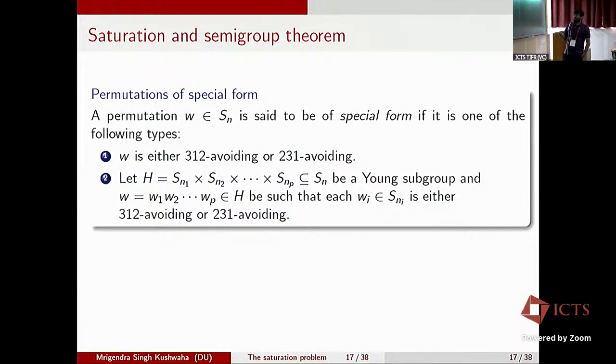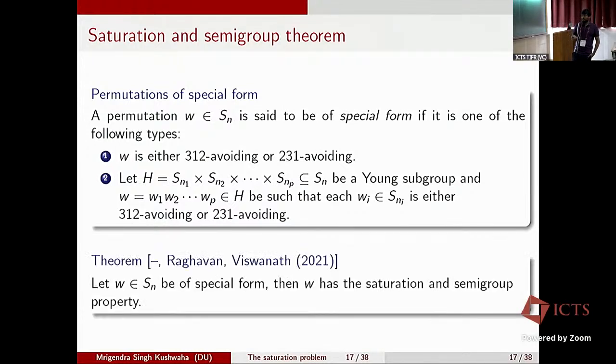A permutation in S_n is said to be in a special form if it is of the following type: W is either 312 avoiding or 231 avoiding, or W is a commuting product of such elements, coming from a Young subgroup, W equal to W_1 through W_p, where each W_i is either 312 avoiding or 231 avoiding. What we have proved is that if the permutation W is in a special form, then W has both the saturation and semi-group property.